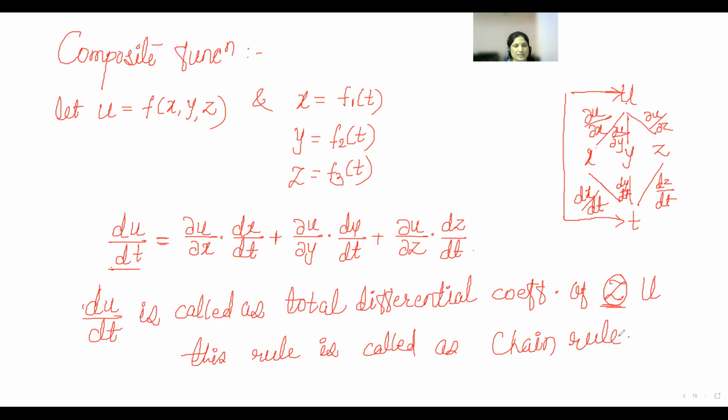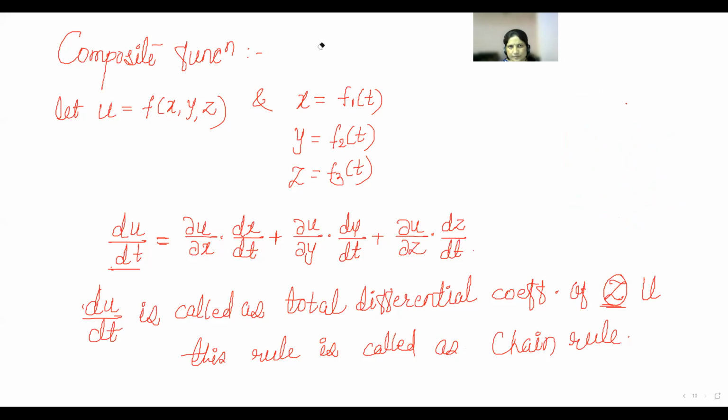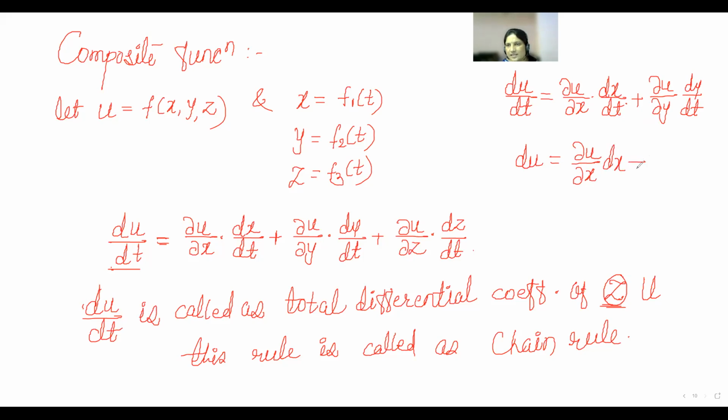Okay, you must have learned in two variables, when we take it with x and y, how we take it, look. In two variables, if u is equal to f of x, y and x is equal to f of t and y also f of t, at that time we take that du by dt is equal to ∂u/∂x into dx/dt plus ∂u/∂y into dy/dt, and completely it can be written as du is equal to ∂u/∂x into dx plus ∂u/∂y into dy.